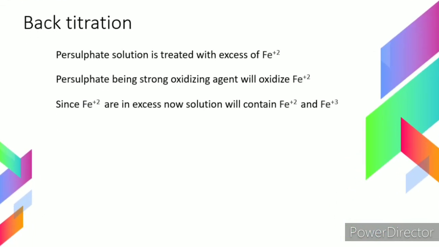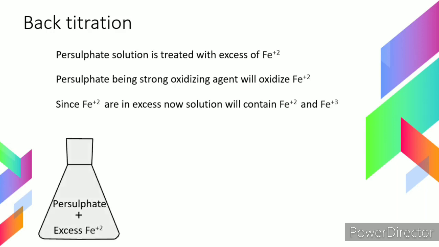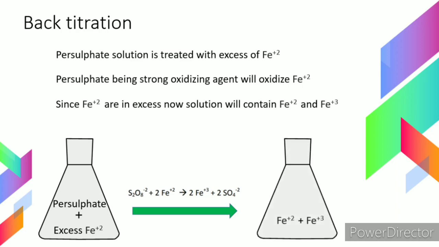In back titration, persulfate solution is treated with excess of Fe+2 ions, meaning a solution of ferrous ammonium sulfate, also called ferrous alum solution. Persulfate will oxidize Fe+2. Since Fe+2 ions are in excess, the solution will now contain Fe+2 and Fe+3 ions.